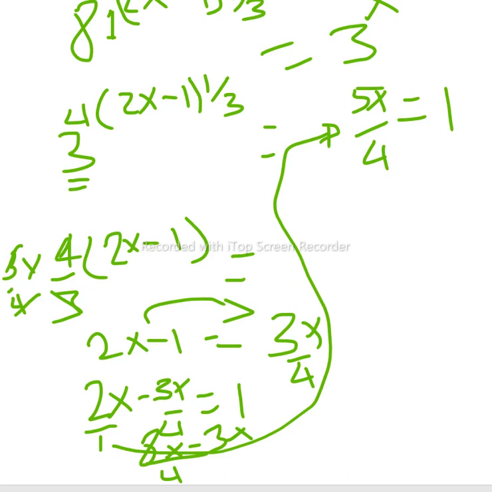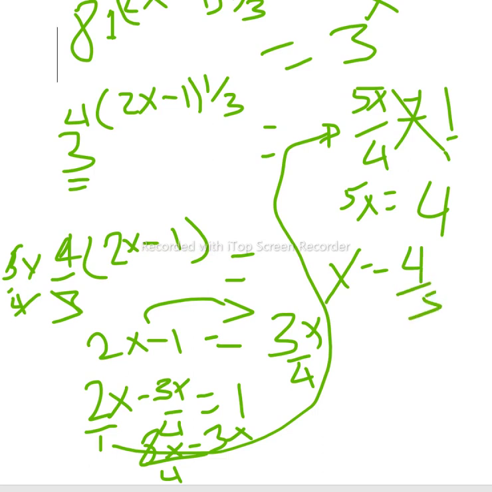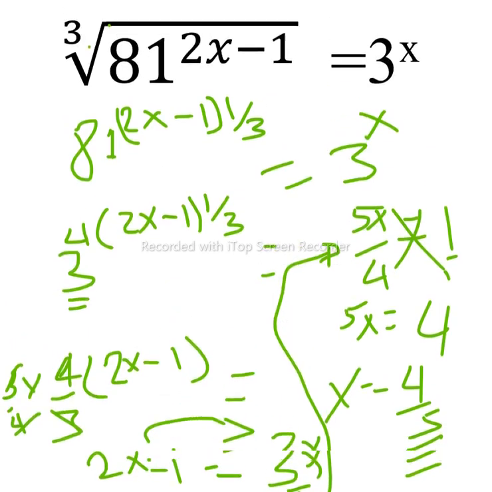After that, we multiply crisscross: 5x is equal to 4 times 1, which is equal to 4. So the value of x will be 4 over 5. This is the solution for this equation.